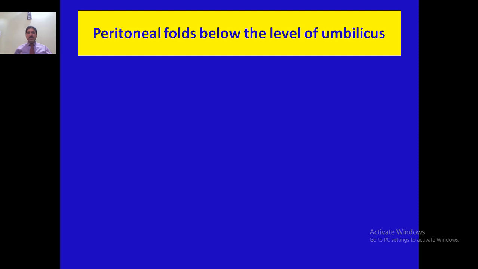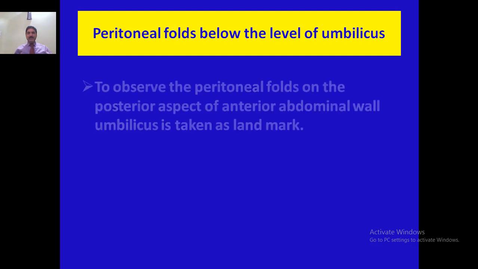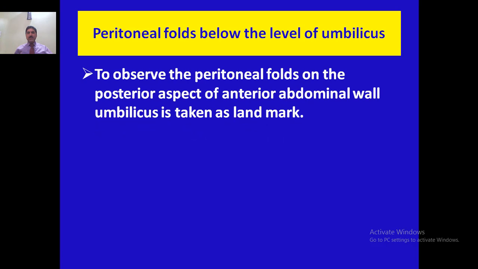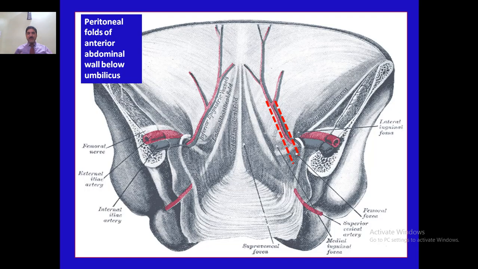Peritoneal folds below the level of umbilicus. To observe the peritoneal folds on the posterior aspect of the anterior abdominal wall, the umbilicus is taken as a landmark. The peritoneal folds below the level of umbilicus have a median fold between the umbilicus and the apex of the urinary bladder, as shown by these red dotted lines. This median fold is called the median umbilical ligament.